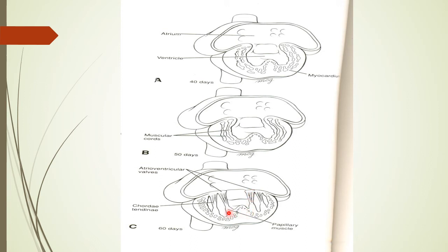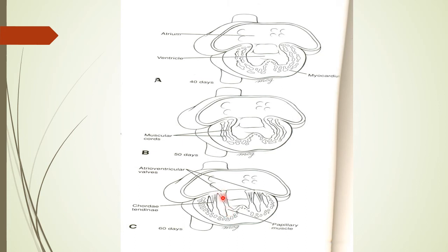So these are the papillary muscles, which are derived from the muscular cords. These muscular cords are joined to the developing valves between the atria and ventricles, the atrioventricular valves, and those parts of these muscular cords which are fused with the cusps of the developing atrioventricular valves become fibrous.